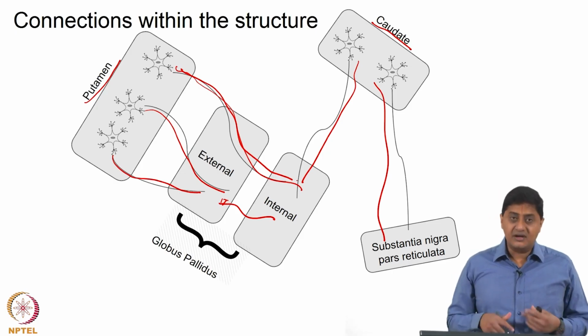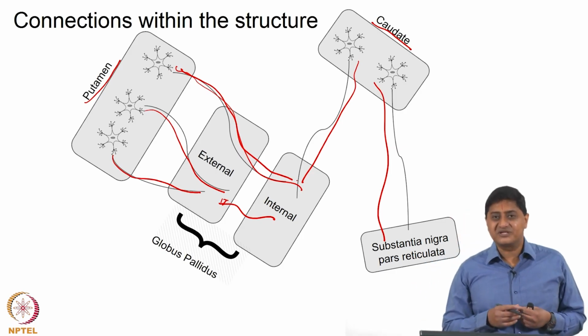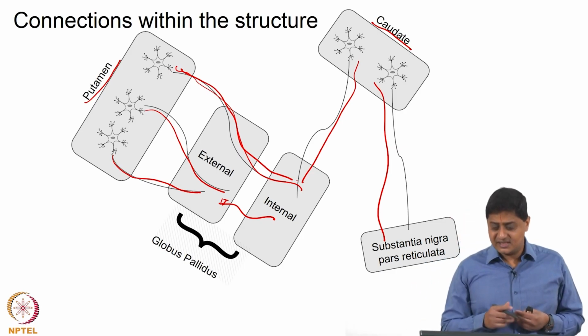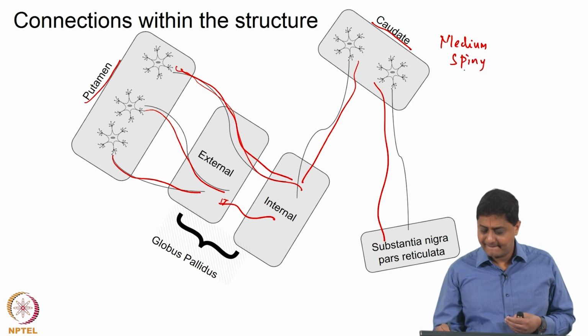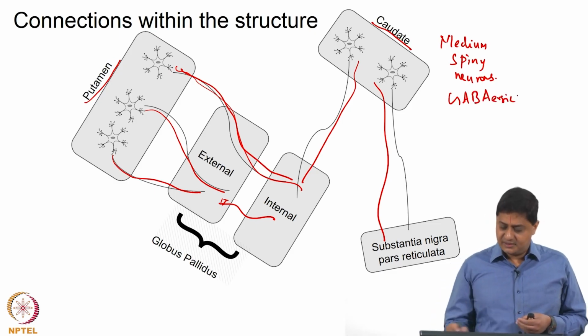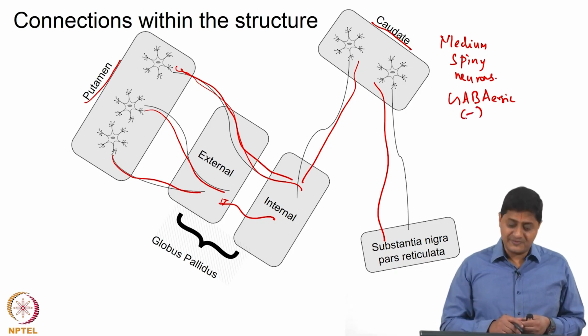Note that caudate and putamen, or the striatum, is composed of very distinct special type of cells called medium spiny neurons, which are GABAergic, so inhibitory neurons, that output to the globus pallidus.